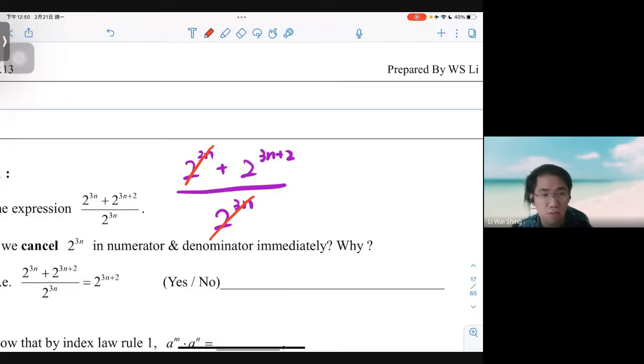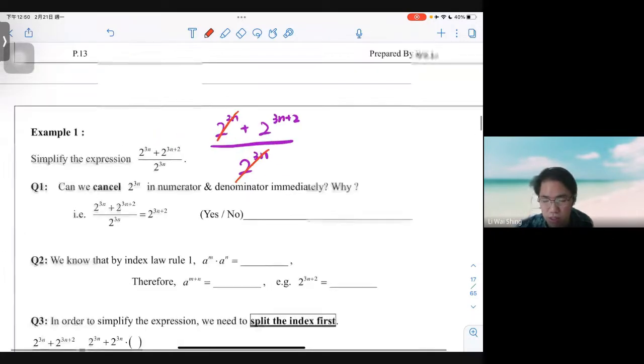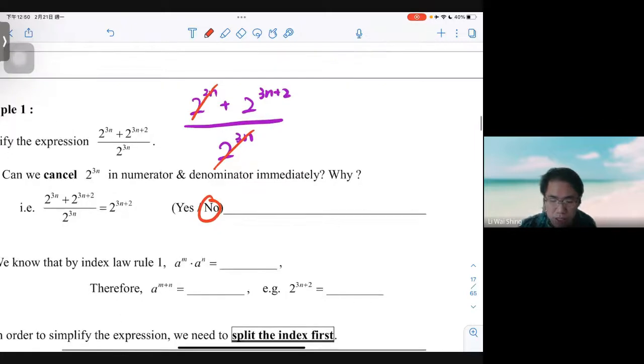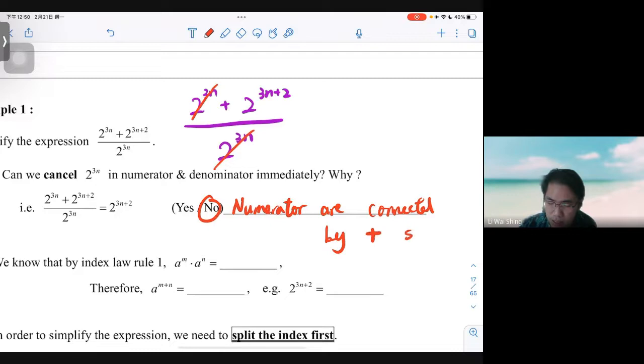Yes or no? No, obviously not. Why? Because the numerator are connected by plus sign. OK，分子呢兩個係用加號連接住嘅，咁所以我哋唔可以就咁樣。But I need you to simplify it. How? That's why we need to use this other skill. OK?